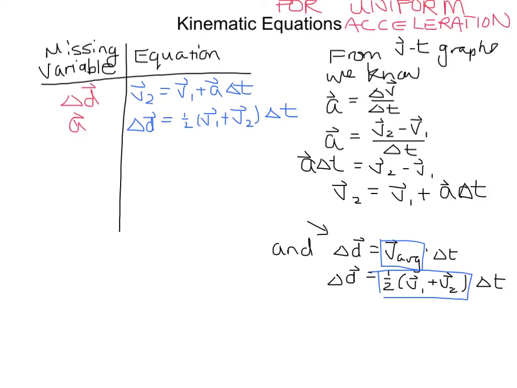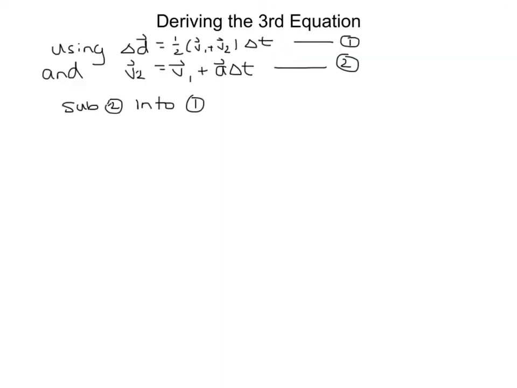And on the next slide, we're going to do that with one of them. Before I move on with this example, I just want to point out that your textbook uses VI and VF, and it's exactly the same thing. The I and F in the textbook stand for initial and final, and here I'm just using 1 and 2 for, as in the earlier situation 1 and then situation 2, so where it starts and ends.